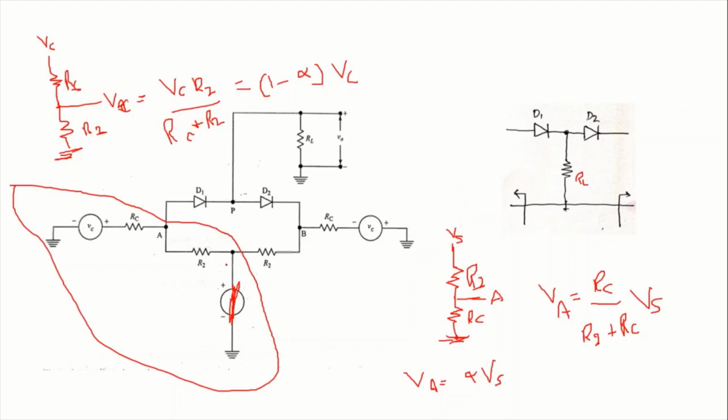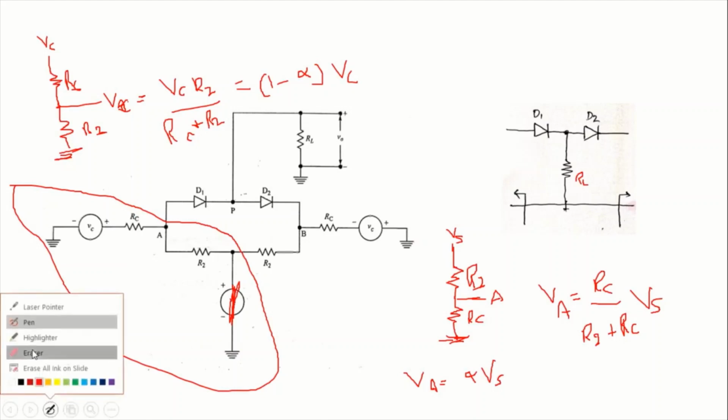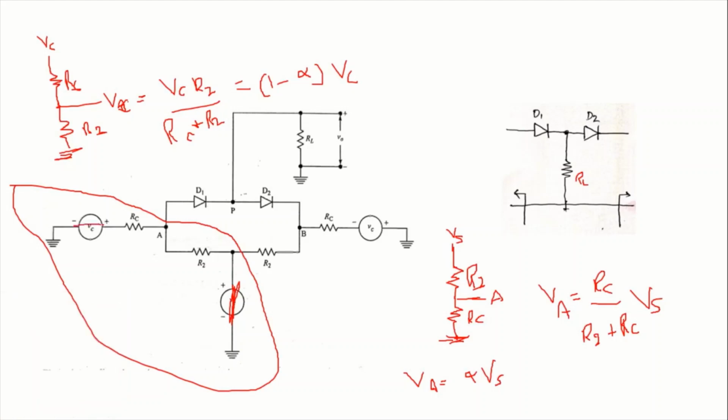Now to calculate the effective resistance, let's make all the voltage sources 0 by short circuiting. We then have a resistance RC to the ground and a resistance R2 again to the ground.